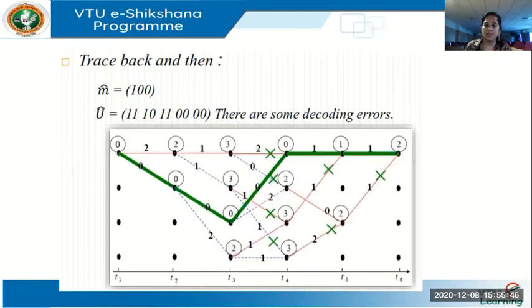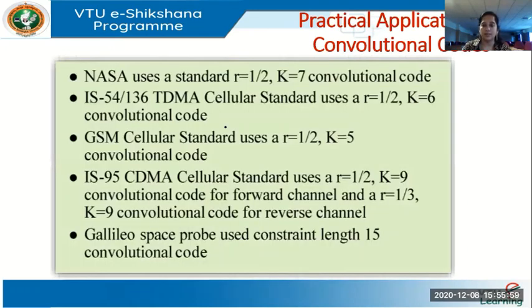It will converge at S0. Then according to this, your received vector will turn out to be 1, 0, 0 rather than 1, 0, 1. So you have some decoding errors. There is a possibility of having something like that. And very often there is a chance that those errors will not exist. Most of the times it won't be existing.